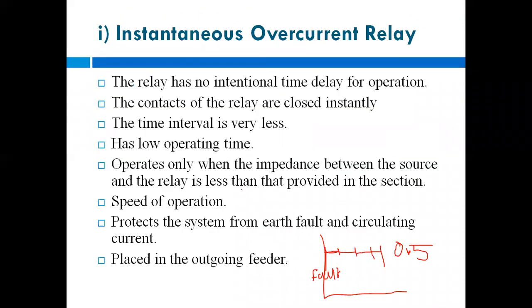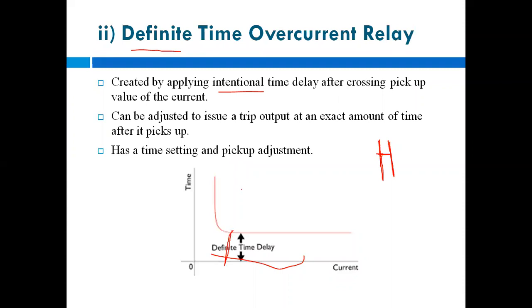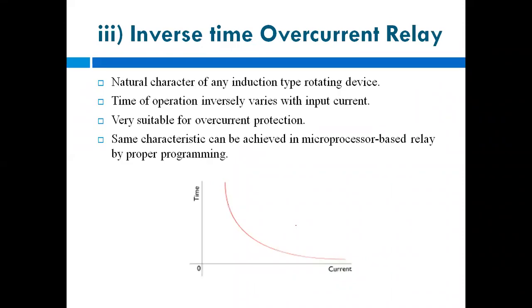One by one we'll see. First, instantaneous means at the instant of fault only your relay will start operating. Definite time, some particular time is given there. Then for inverse time, time is inversely proportional to current.